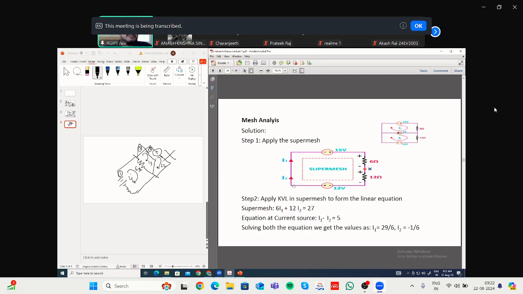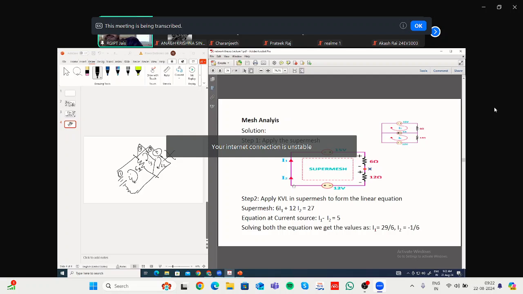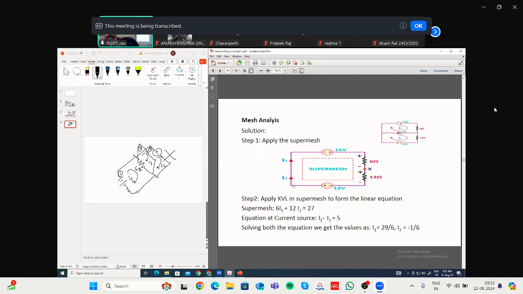The distinction between these two elements has gone, because this 5 ampere current source was dividing these two meshes. Now that you have removed it, you can consider that these two meshes have merged together and created one mesh.